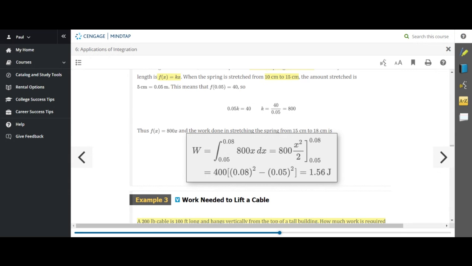And that'll turn out to be 1.56 joules. Are there any questions on that?